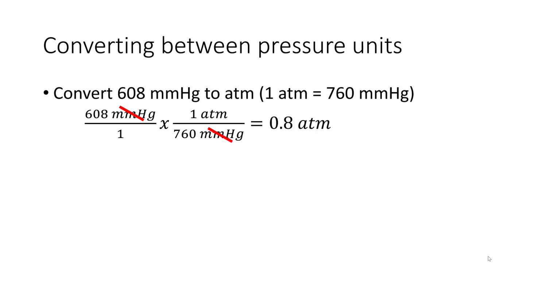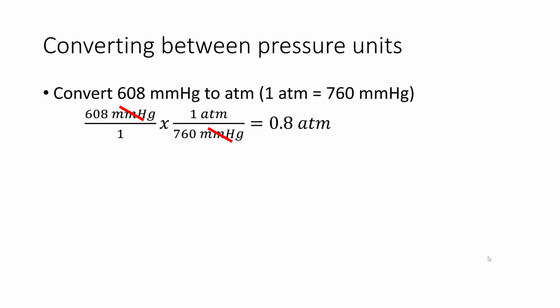So now we have to multiply these two fractions together, the 608 over 1 times 1 over 760. But again, those ones are sort of meaningless, so what we actually need to do in this problem is divide. We need to take 608 and divide it by 760. Remember, those bars in the middle are division lines, right?